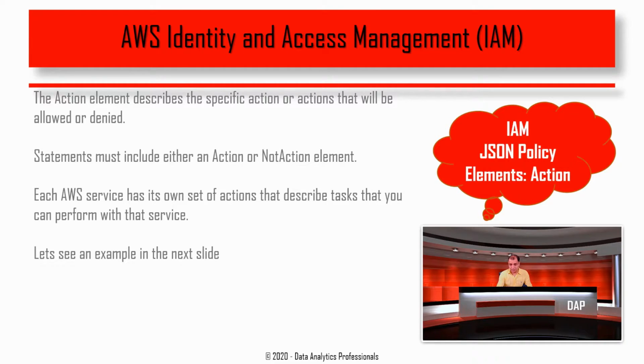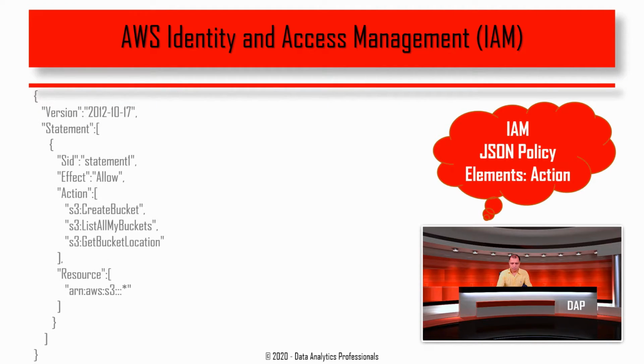Now, the action element describes the specific action or actions that will be allowed or denied. The statements must include either an action or not action element. Each AWS service has its own set of actions that describe tasks that you can perform with that service. Let's see an example in the next slide. If you see here, you have this policy, and the version number is given, and then the statement starts.